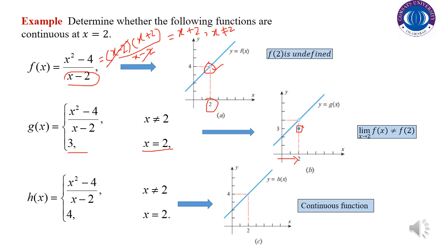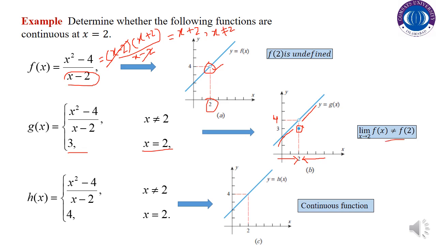The limit of the function goes to this point, most probably 4. Now if we approach point 2 from the right side, the graph goes to the same point 4. So the left hand limit is equal to the right hand limit. So the limit exists and the value of the function is also defined at 2, but these two values are not equal.